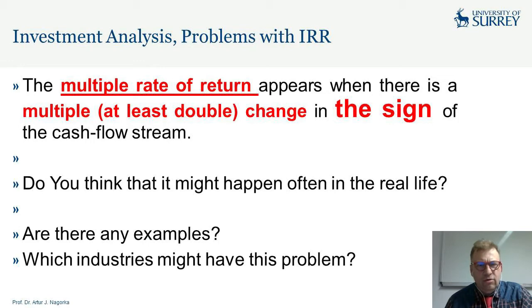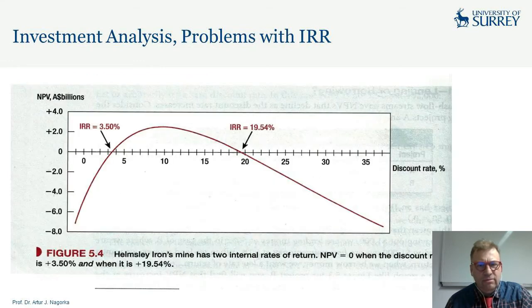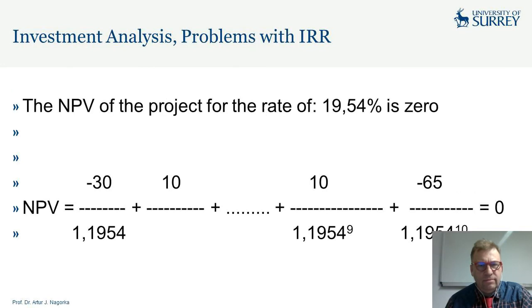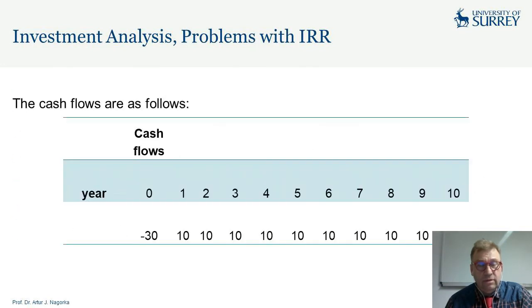Really? Let's go up. When we had this table, somewhere. Where is the table? In fact, between period 0 and period 1, there is one change from minus to plus, from negative to positive cash flow.